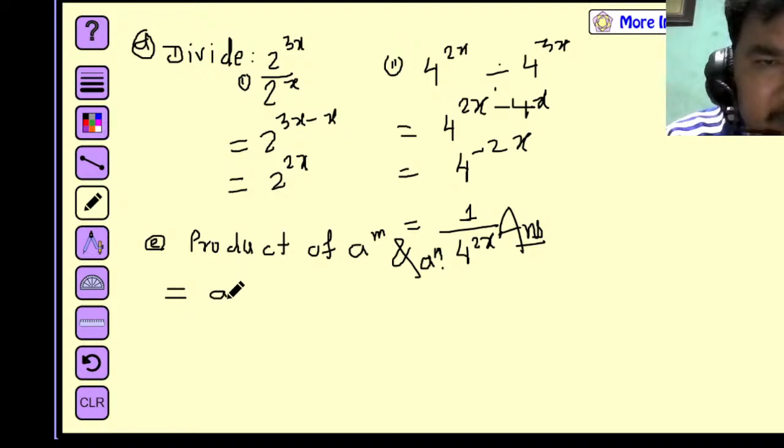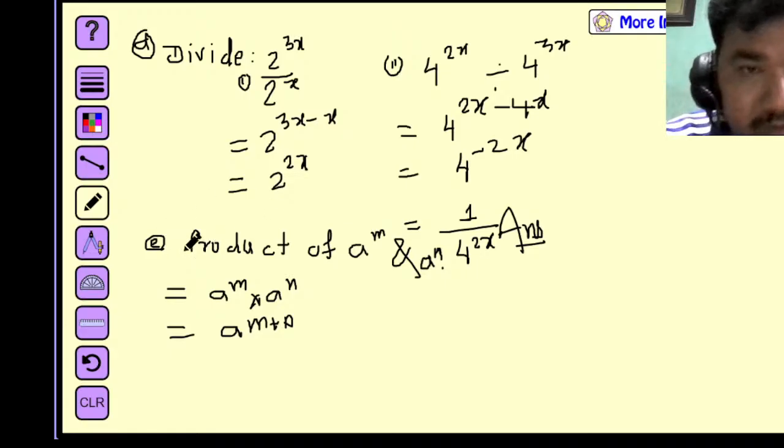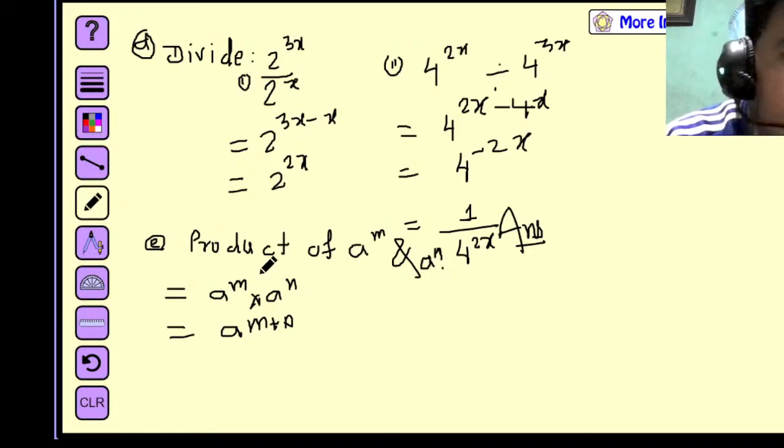Products means multiply, that is a to the power m into a to the power n, right? Then it will be here a to the power m plus n only, add the powers, right? Like this, add the powers.